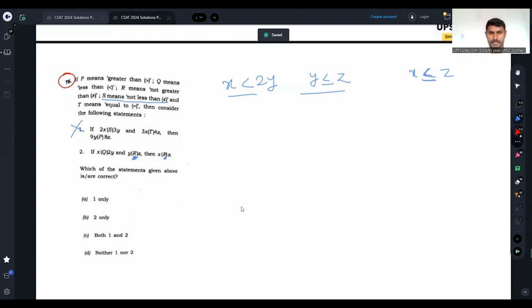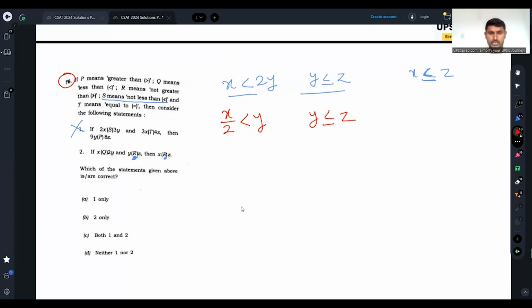Same. Here, if I put y directly as z, okay? So if I do this, then here x by 2 will be less than y. So y is less than or equal to z, right? So I have to find out the direct relation between z and x.